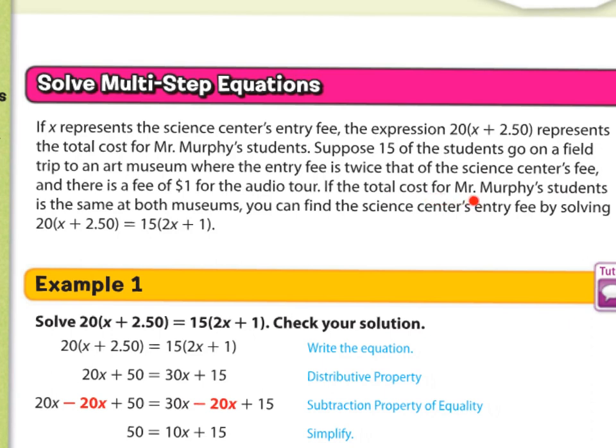If the total cost for Mr. Murphy's students is the same at both museums, you can find the Science Center's entry fee by solving 20 times X plus 250 is equal to 15 times 2X, because it's double the price, plus the $1 for the audio.